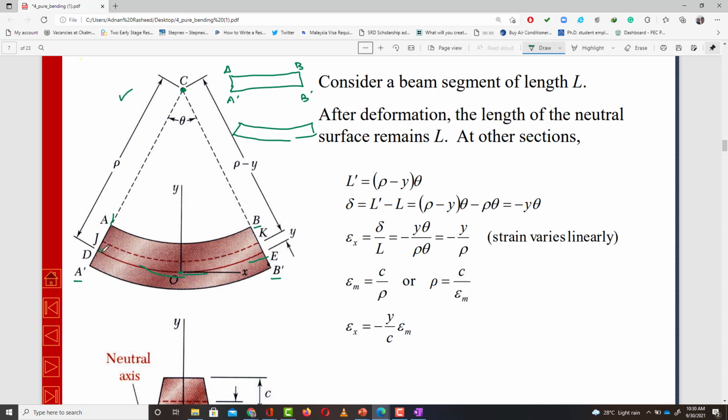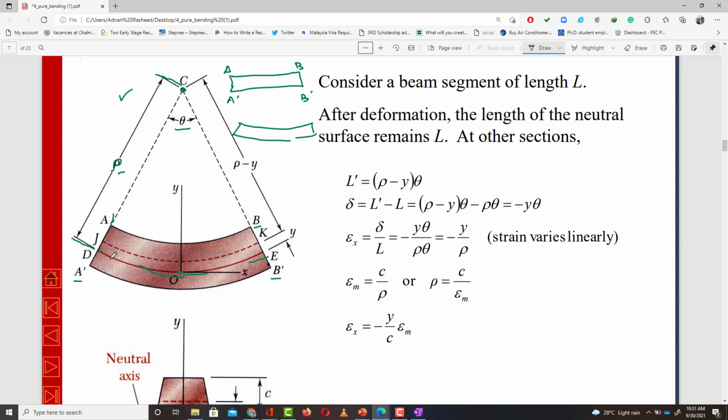The distance from the neutral axis to C is represented as rho. This rho is the radius of curvature. We will discuss it in a while. These two lines AC and BC are making an angle theta.